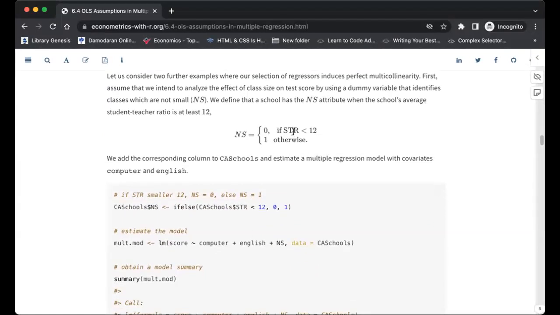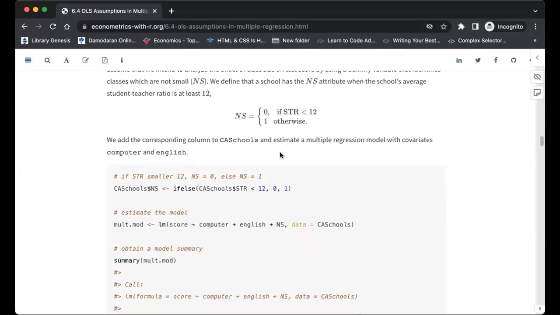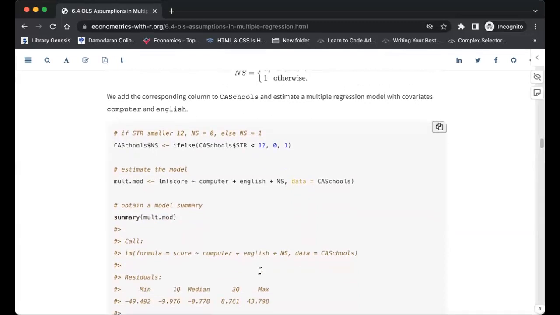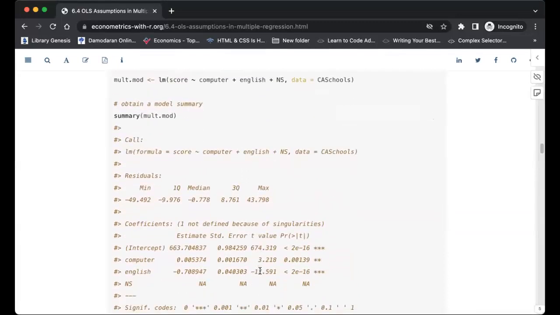Mainly, all the NS values will be 1 because there is no school which has an STR of less than 12. So all the NS will be 1, which will be a replicate of the English-learners variable.